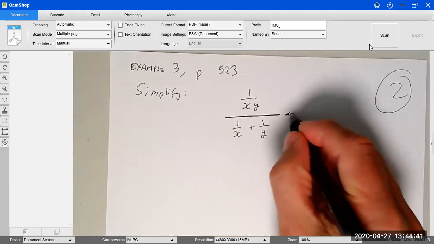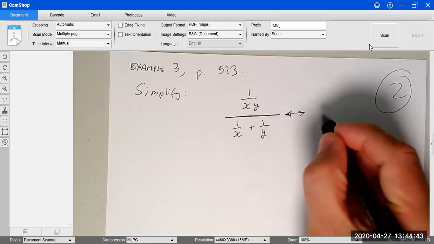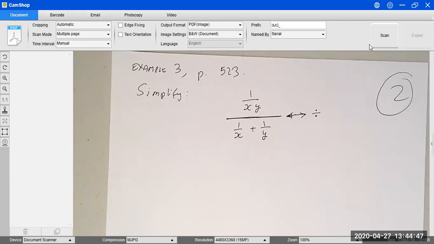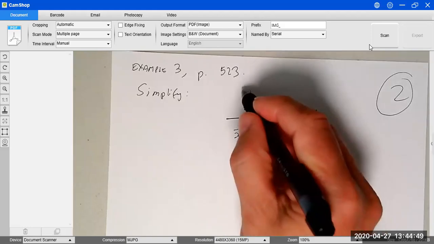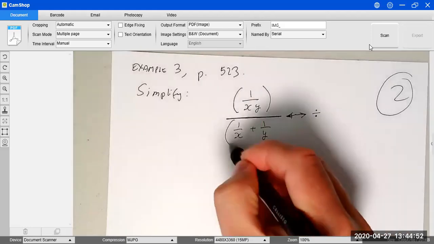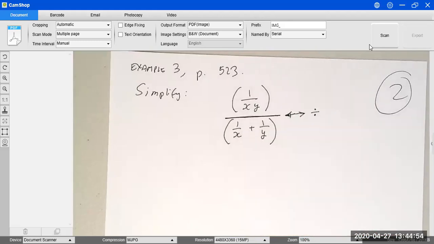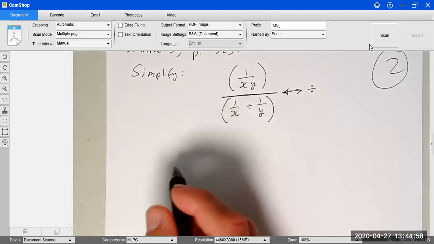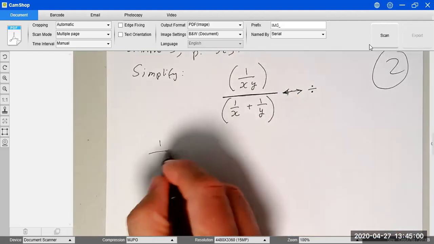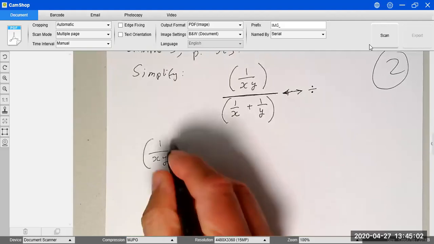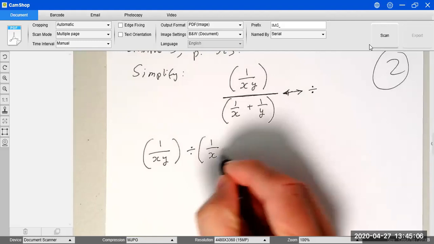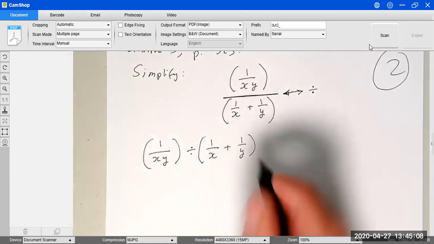So remember, I'm going to convert this into a different notation. I have my numerator, I have my denominator. So I'm going to write this by using this operator. So I'm going to have 1 over xy divided by 1 over x plus 1 over y.